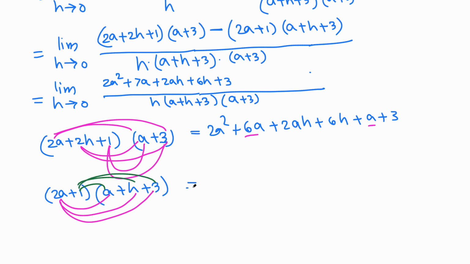Okay, so we multiply 2a squared plus 2ah plus, everything's positive, 2a times 3, 6a. Now 1 times a, just a, 1 times h, 1 times 3, 3. Here again 6a plus a, 7a.